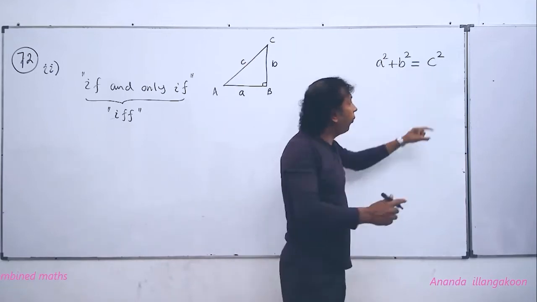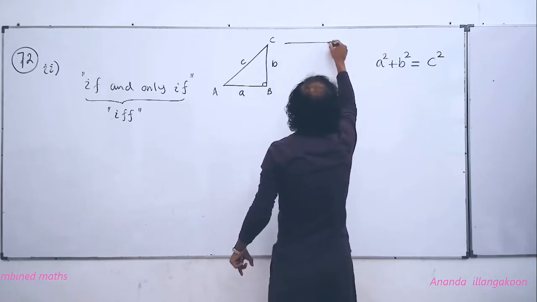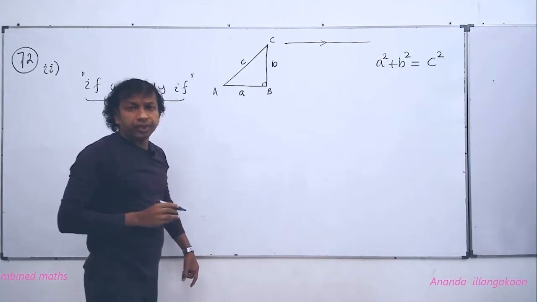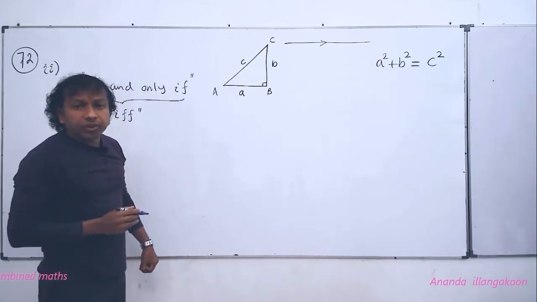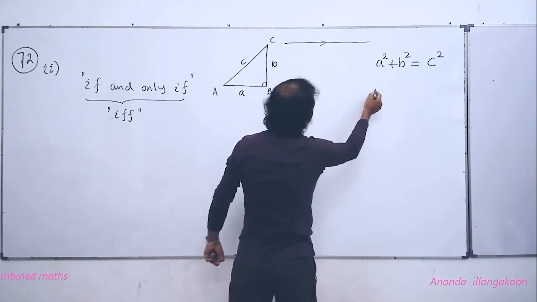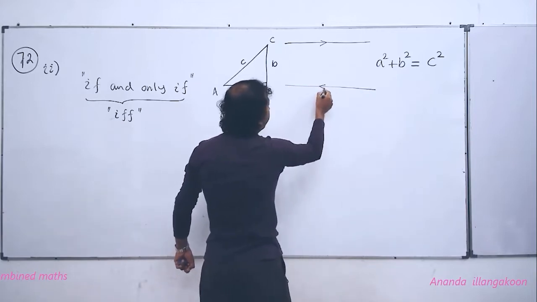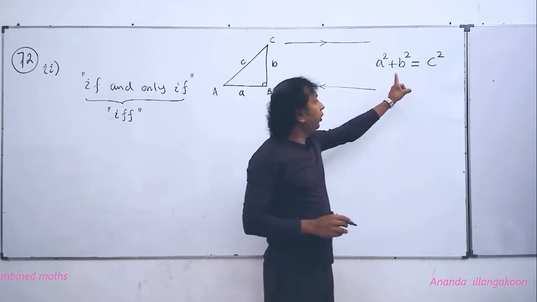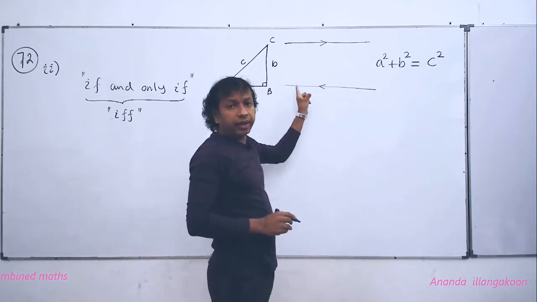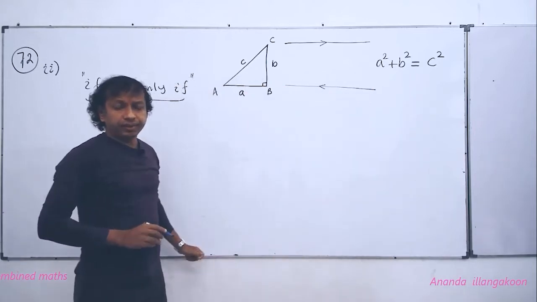Now that is the forward result. So what is the backward result? Starting from here, if this condition is true for a triangle, that triangle should be a right angle triangle.